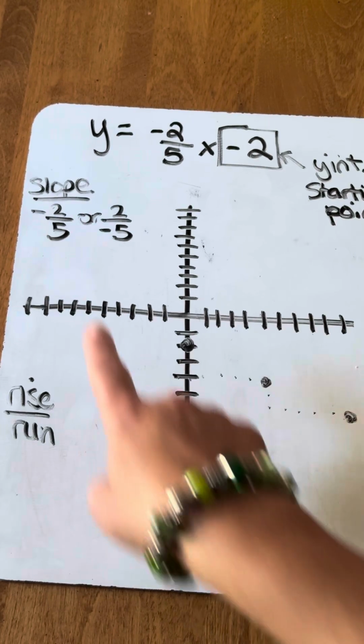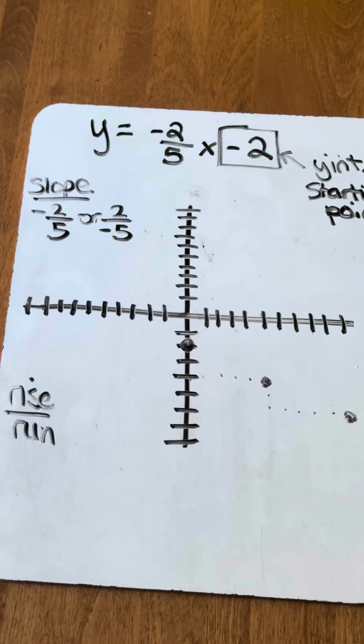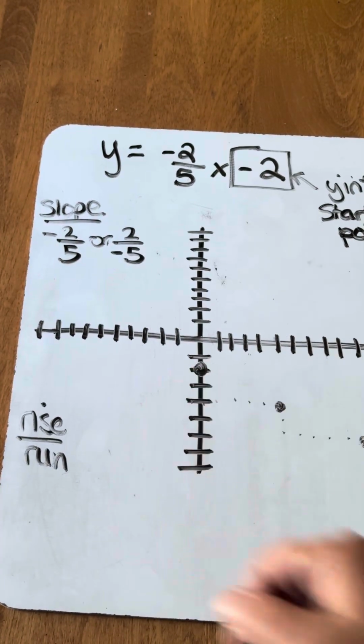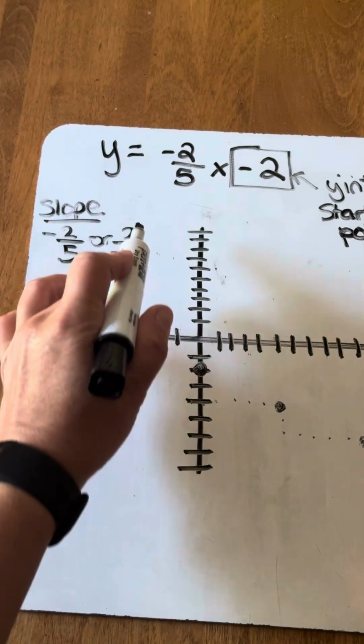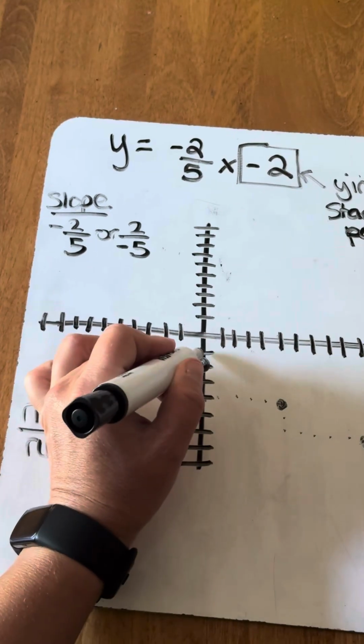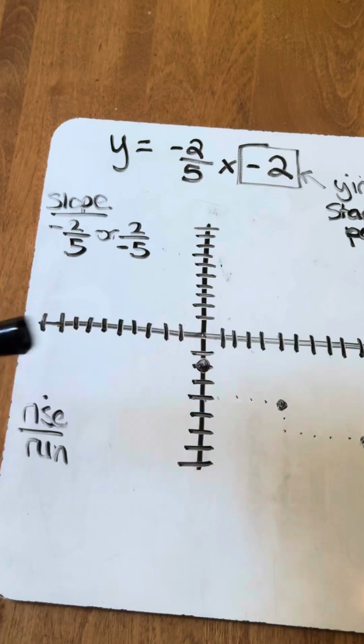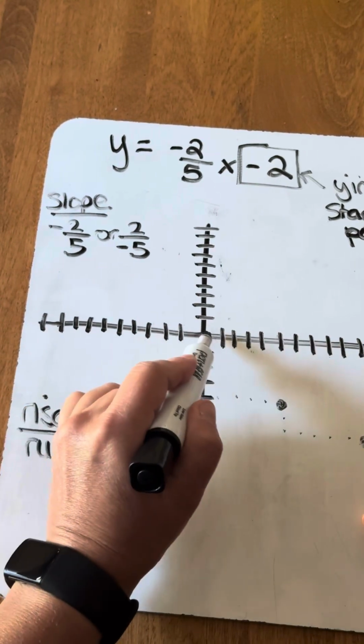Now, I can also go in the other direction if I wanted to. I could go back to my starting point, and I can use the up 2. That would be your rise. So I could go up 2 spots, but now I'm going to do a run of -5. That means I'm going to go this way on the x-axis.